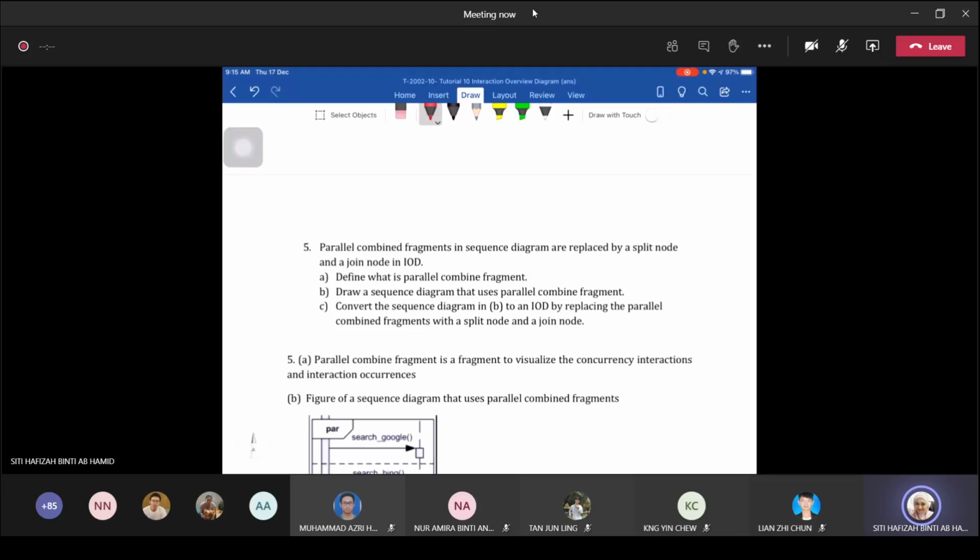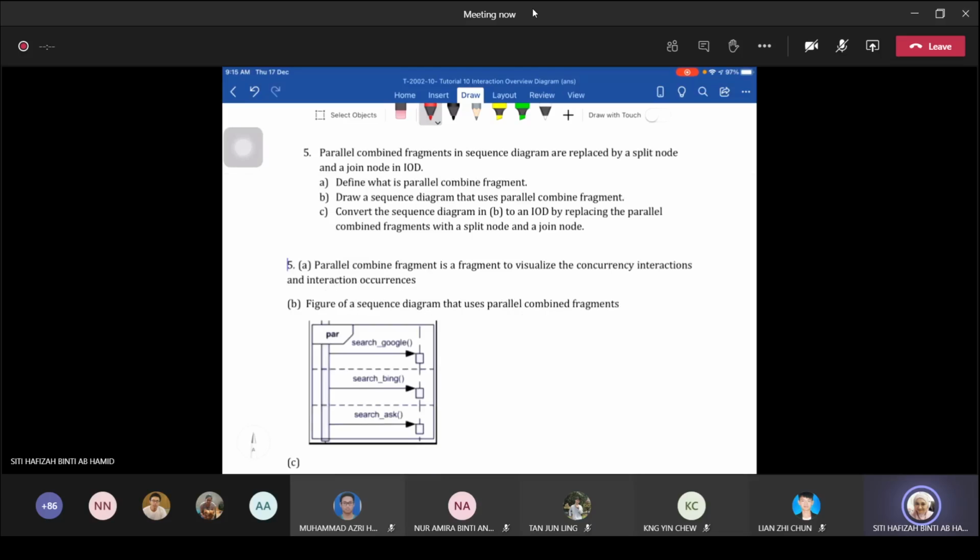There is a concurrency process basically. And then B, draw a sequence diagram that uses parallel combined fragment. You can give anything. So this is the one that I got. This is how the parallel combined fragment looks like, the one that you use for a sequence diagram.